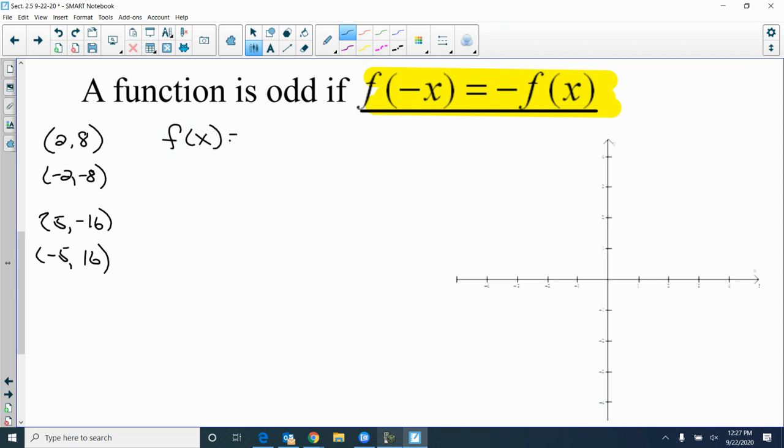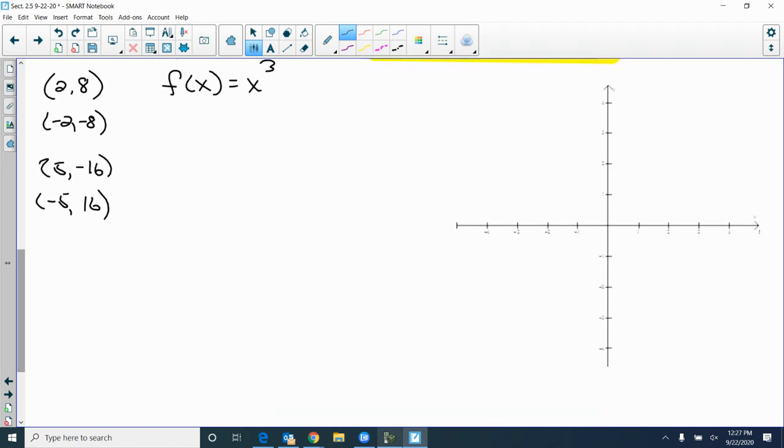One odd function is x cubed. All right, go ahead and plot that on the grid over there and give me a sketch. So I have, well, if you plug in -2, you can get back -8.